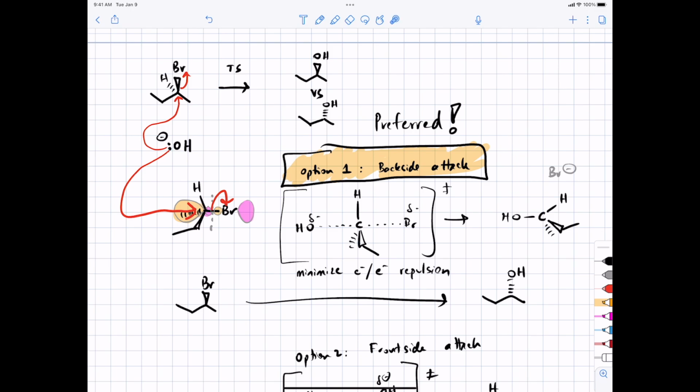Do you see how this is consistent with the orbital picture? Nucleophile, non-bonding lone pair electrons on oxygen attack the carbon bromide sigma star at carbon from the backside. In a single step, we break the carbon bromide bond, we make a new oxygen carbon bond, and there's a switch in stereochemical configuration because the carbon sort of inverts, does the umbrella turning inside out sort of thing.